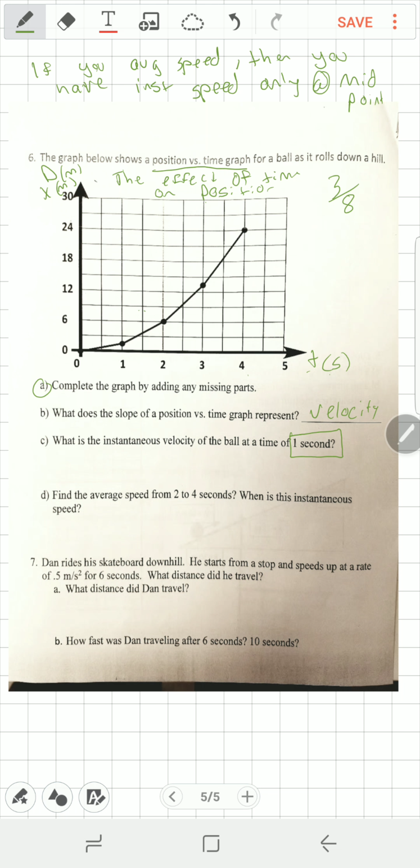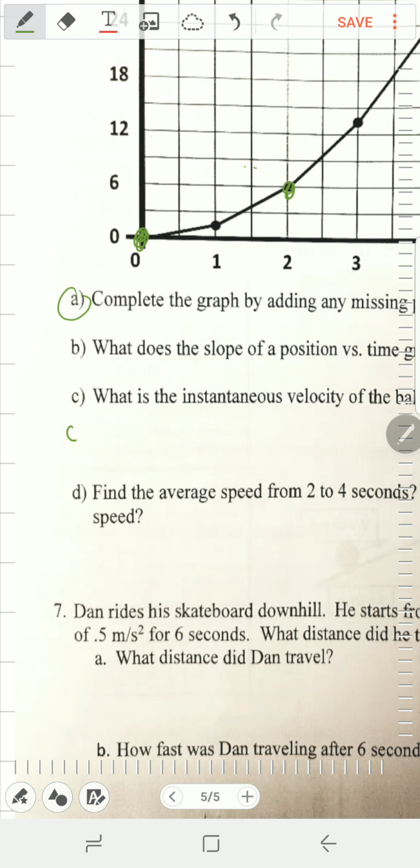So if I want to find this at 1 second, I have to reverse that. If I have the midpoint and I want to find the instantaneous speed, I take the 2 points on either side. When is 1 in the middle? 1 is in the middle only at 0 seconds and 2 seconds. So my points are going to be 0 seconds and 2 seconds.